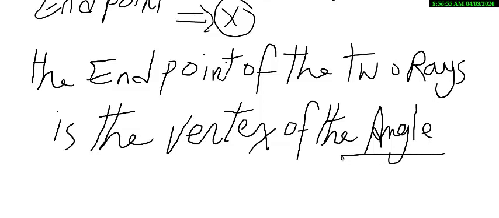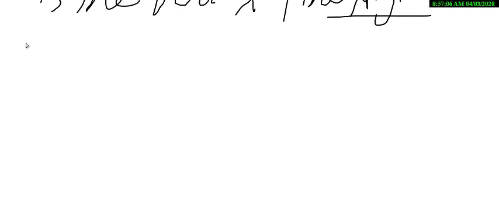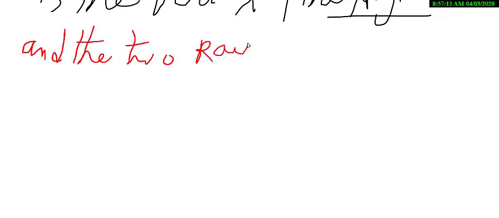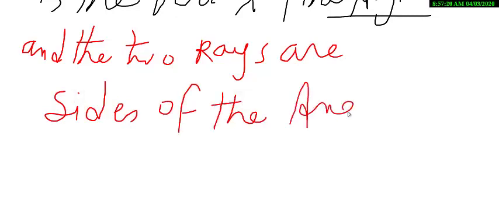And this is very important. And the ray is called the side of the angle, and the two rays are sides of the angle.